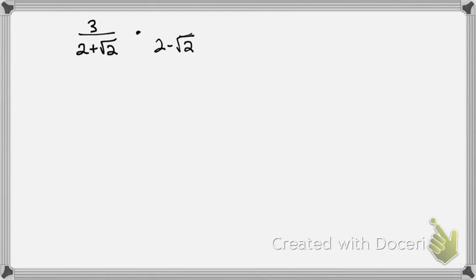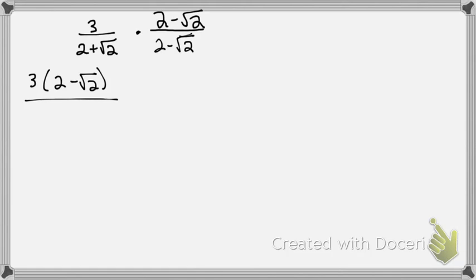Okay. Now, remember our basic rule: what we do to our denominator, we need to do to our numerator. I'm going to multiply it by the exact same thing. Okay. Now, let's start simplifying. I'm just going to combine these terms. That's what I'm multiplying.